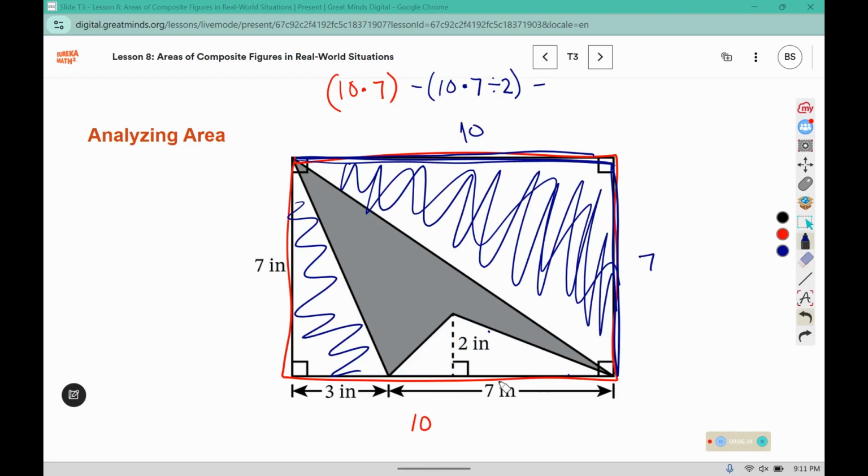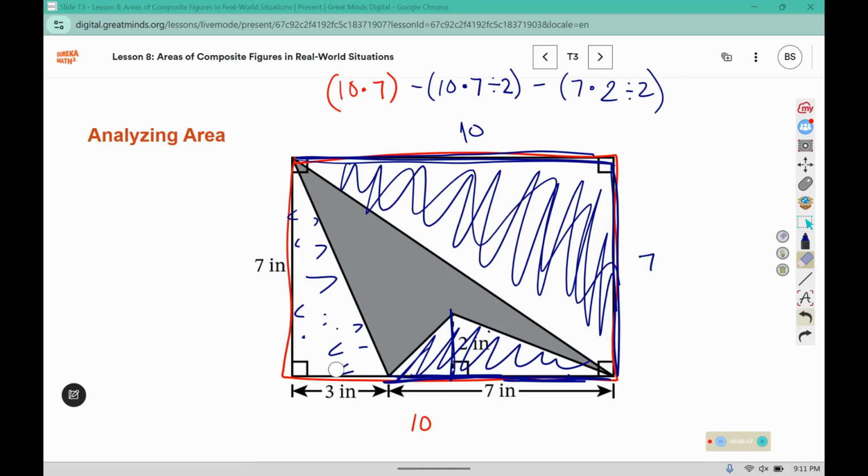To remove this triangle here, it has a base of 7 and a height of 2. And to remove this triangle, it has a base of 3 and a height of 7. Base times height divided by 2. And we're removing it using subtraction.